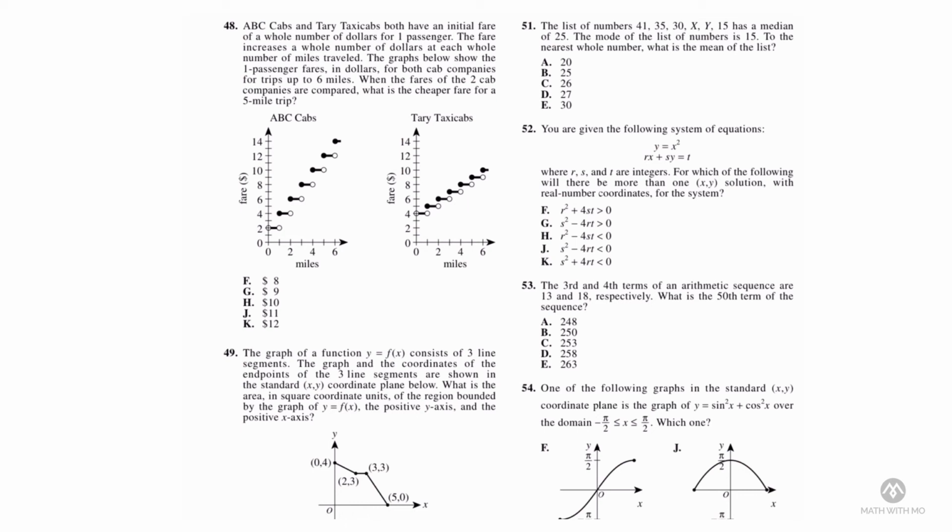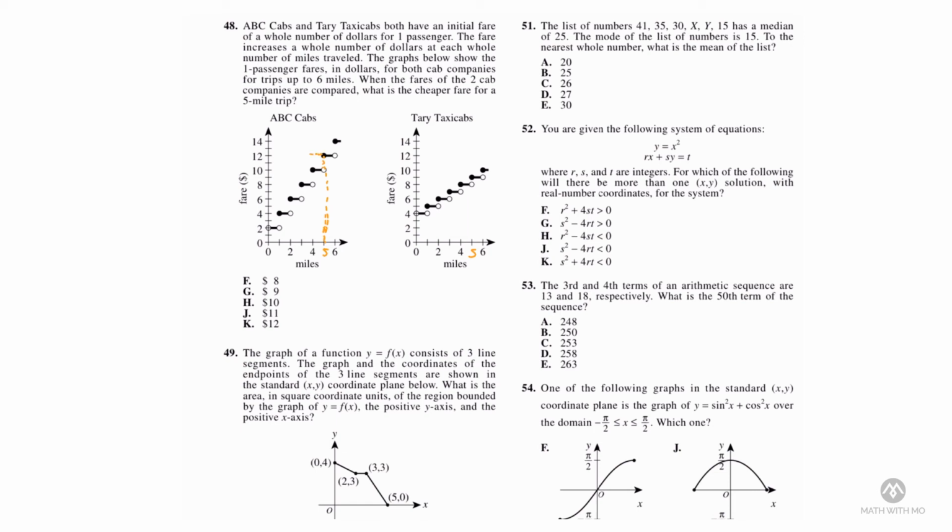Alright, so basically, just looking at the graphs, we want to find out what is at 5 miles here, right? So we just go up and see where. But this is an empty square, so we should go to the next level.